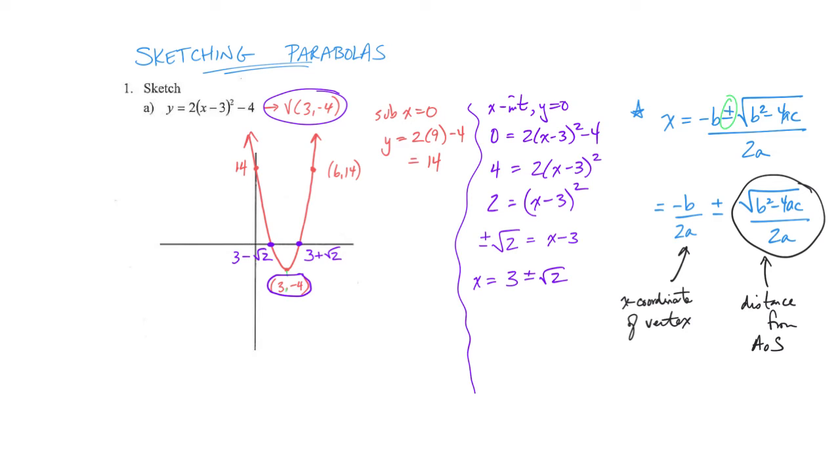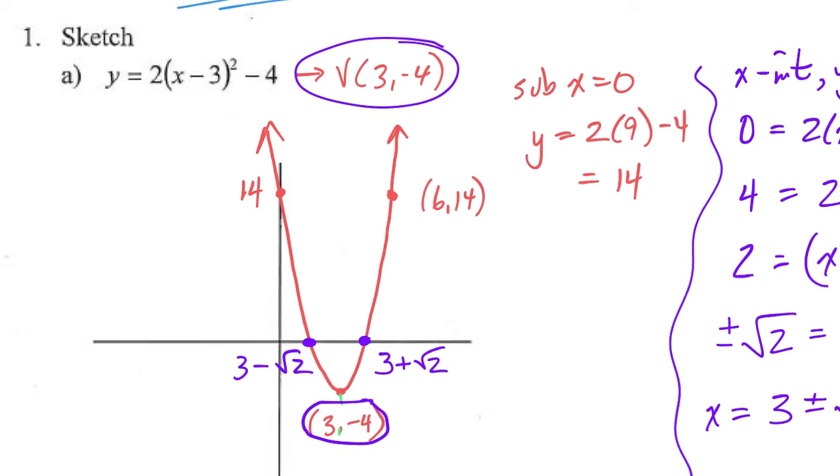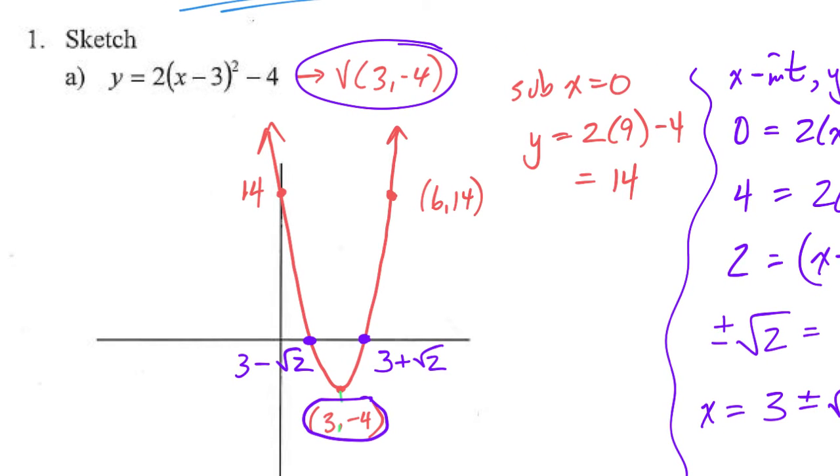So if we can go back to the picture of our parabola, what I'm going to do is just make this a little bit bigger. In that last instance, when we see our purple x-intercepts of 3 plus or minus root 2, what that actually tells me is my axis of symmetry, and that is a horrible looking axis of symmetry.